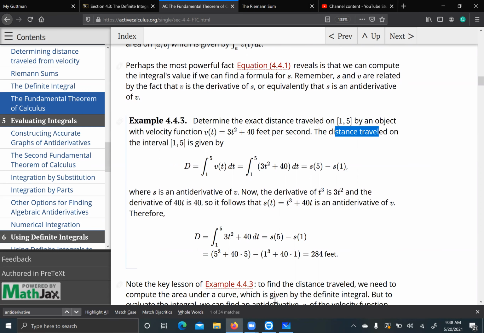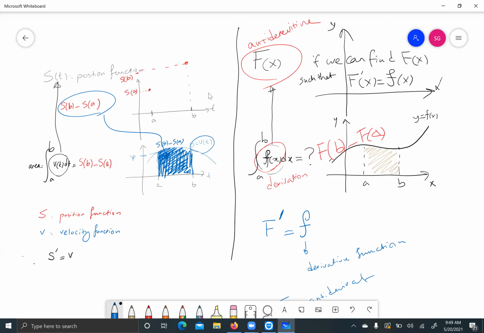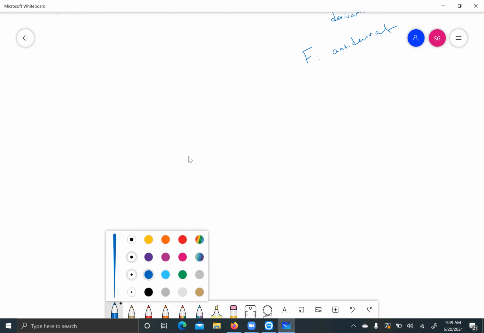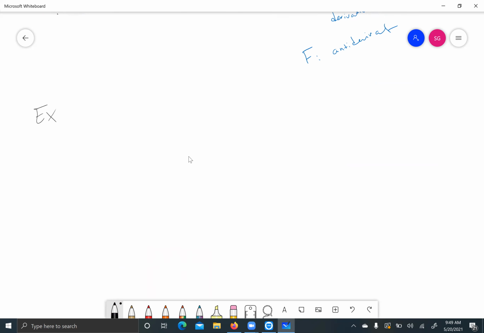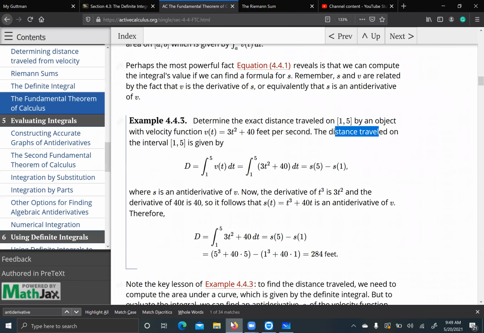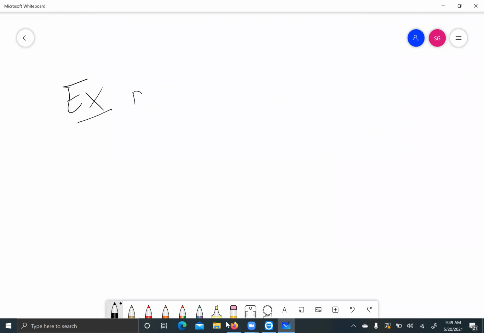So in this example, we want to find the distance traveled by a moving object from 1 to 5.